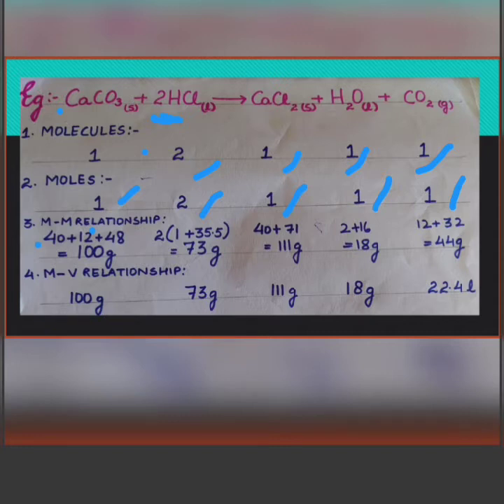The atomic mass of one atom of oxygen is 16, so for 3 atoms of oxygen, the mass will be 3 into 16, that means 48. We add all these three together and get 100 grams. That means the mass of calcium carbonate is 100 grams. I hope you have understood how to calculate.